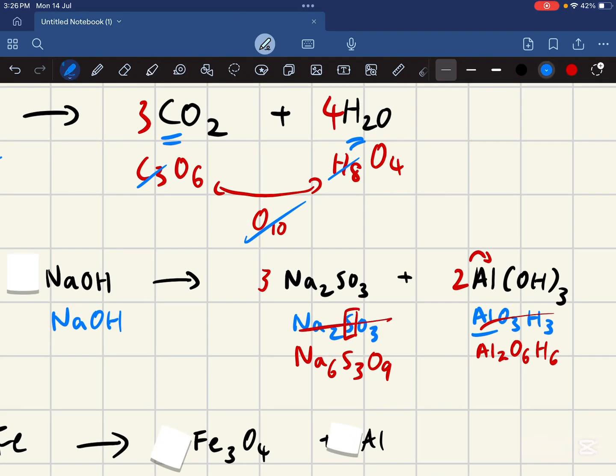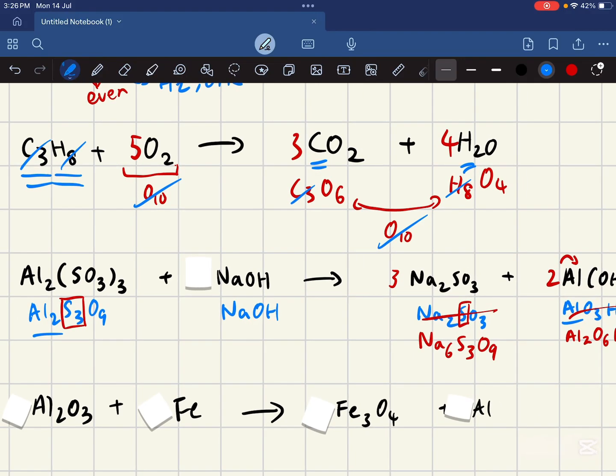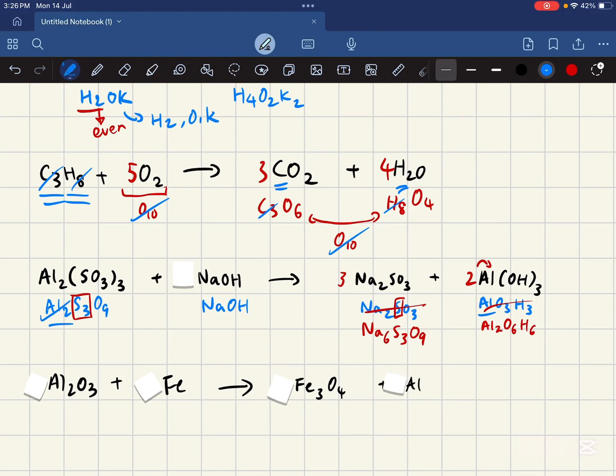Now so far we can check. Al2, that's done. S3, that's done. O9, that's done. So we've validated this whole part with these adjustments that we have made.